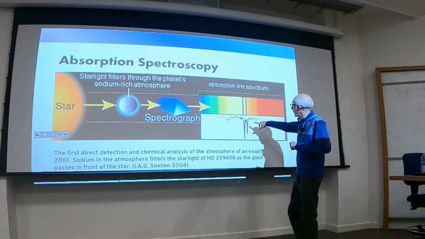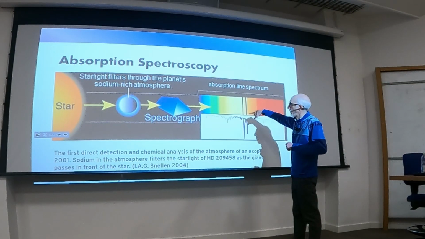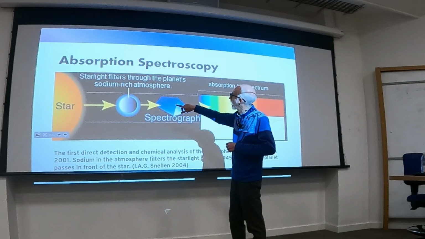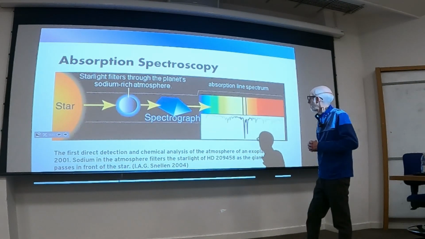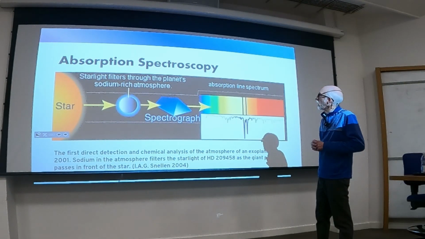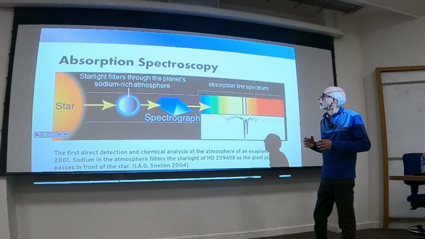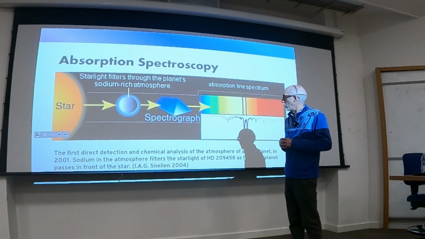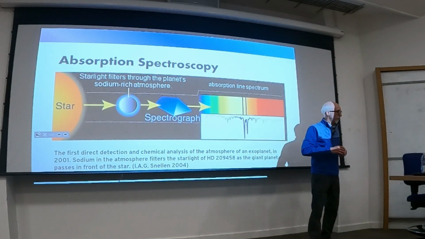And you can see from these peaks here, they give a signal that you can read, and by that signal you can then tell what exactly is in the atmosphere. Now that's the same planet, HD 209458, and this was the first time that an atmosphere had been analysed by this method, and they detected sodium in the atmosphere, very sodium rich.